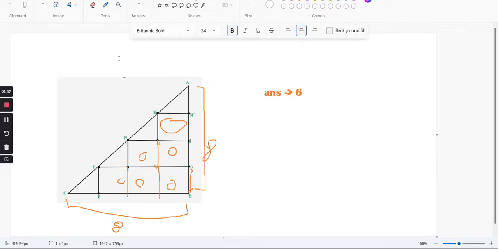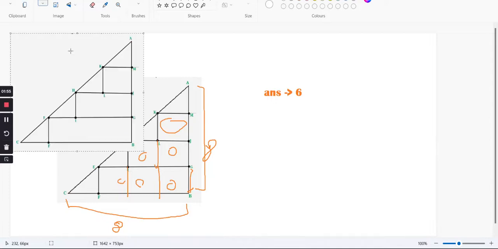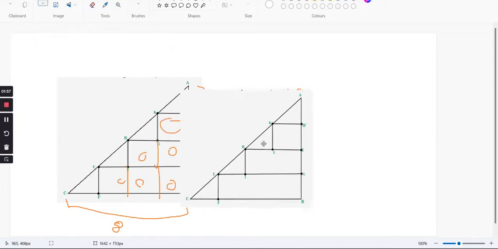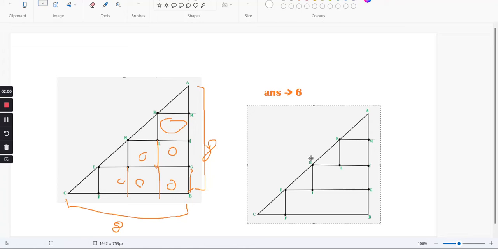Just consider, suppose this was the image, right? So let me take this here also, and the answer was 6 for this case. Let me put it here only.